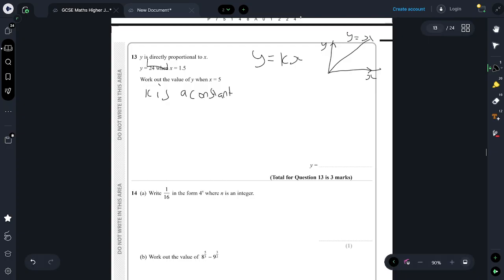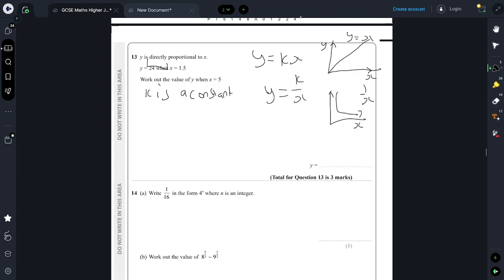You may also see inverse proportion, and that is when it looks like y equals k over x, and that looks like the reciprocal graph, 1 over x, and it flips. So as x increases, y decreases. As one variable goes up, the other goes down. So it goes the opposite way. It's inverse, inversely proportional.